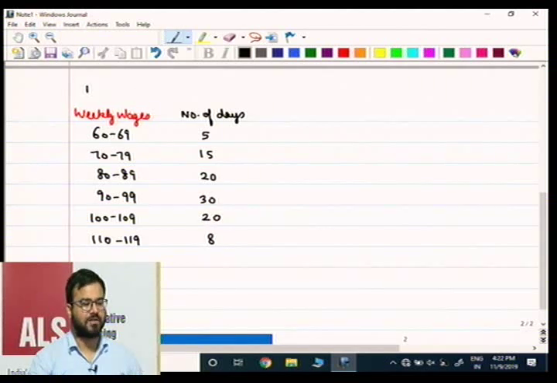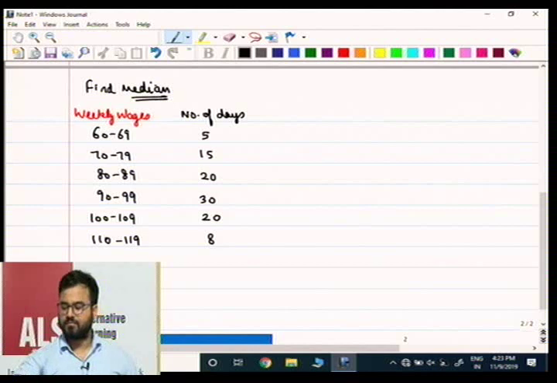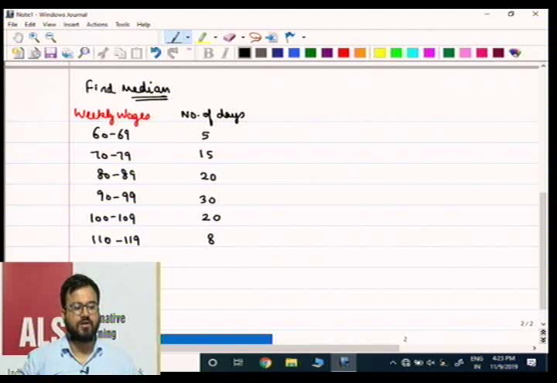We have to find the median. Here you can see that the class interval is given, but this class interval is not continuous, and the frequency is given. The rest of the method is the same. First of all, convert this class interval into continuous form and do it the usual way that we learned in the last class, how to find the median.